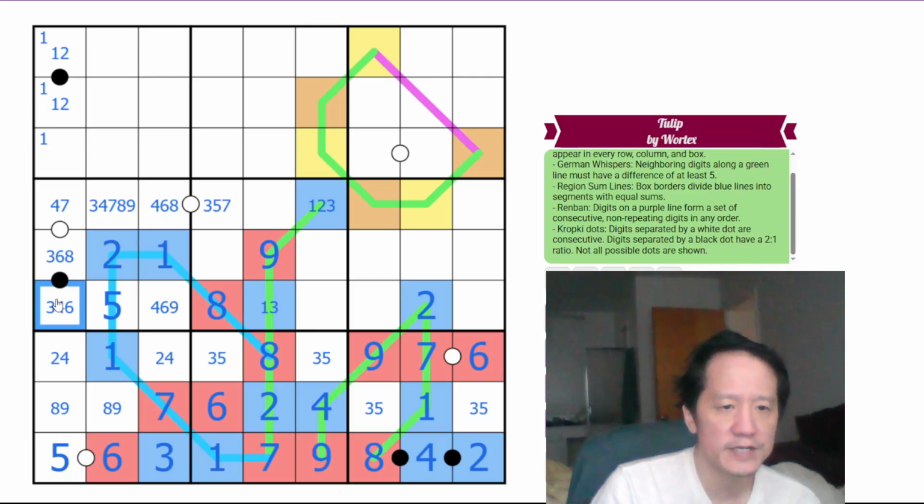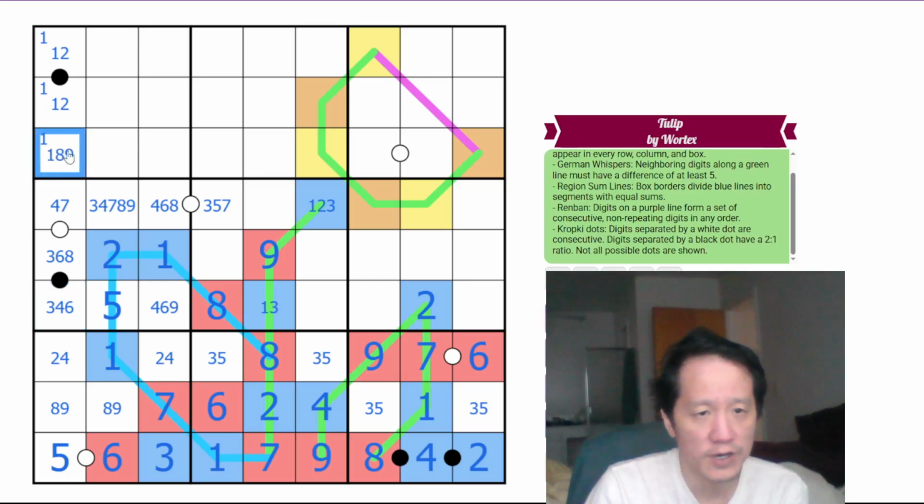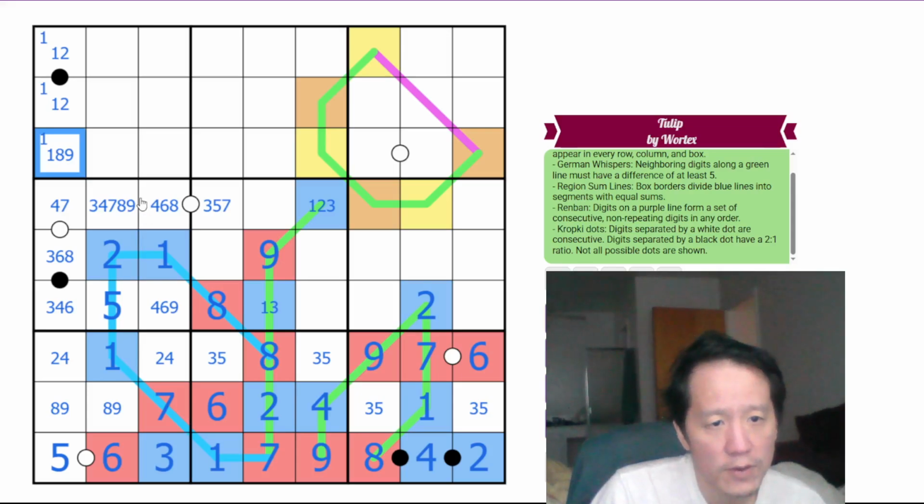And then the remaining digits we have left are 8 and 9. So this can only be 1, 8, or 9 here. Otherwise, it cannot be 2 and 4 because that would eliminate all possibilities here. If this is 3 and 6, this would then be 4, 8, which would force that to be 7. This would be 2, and that would be 9.